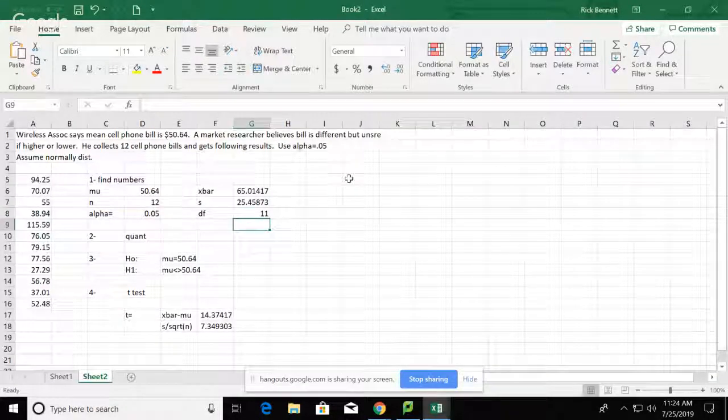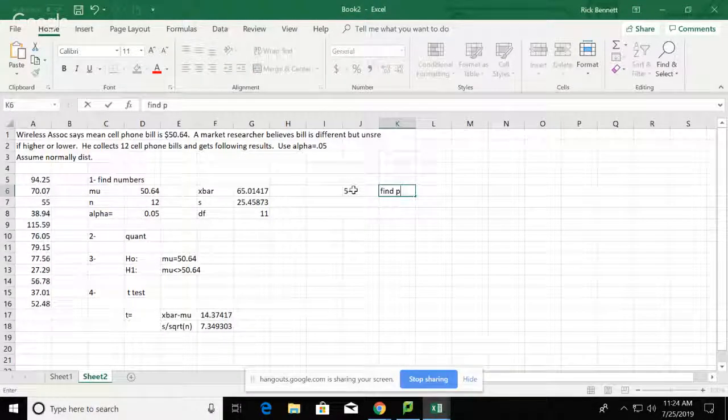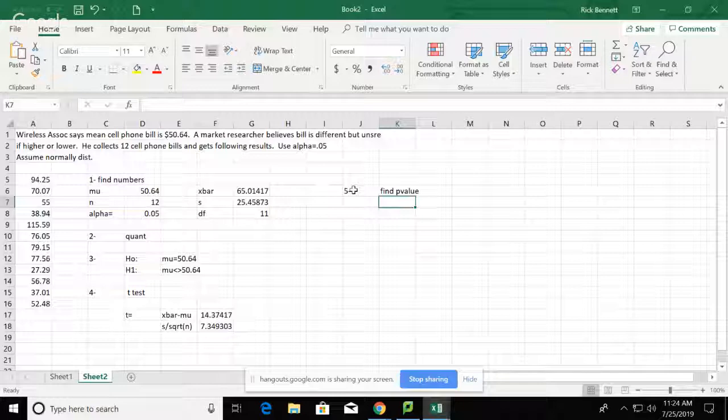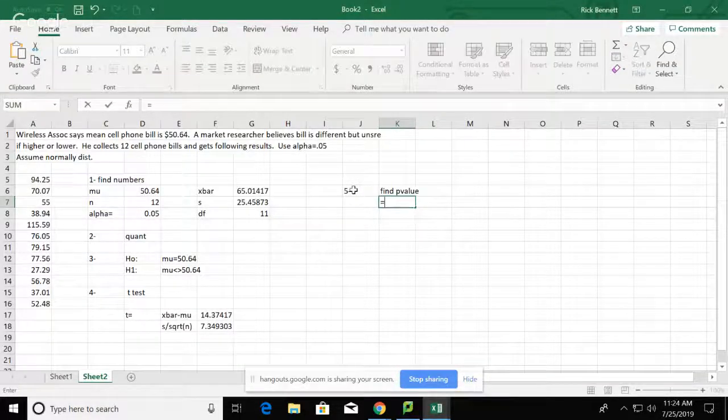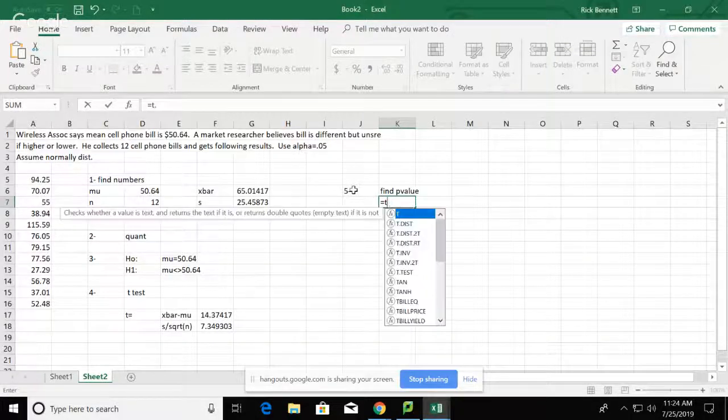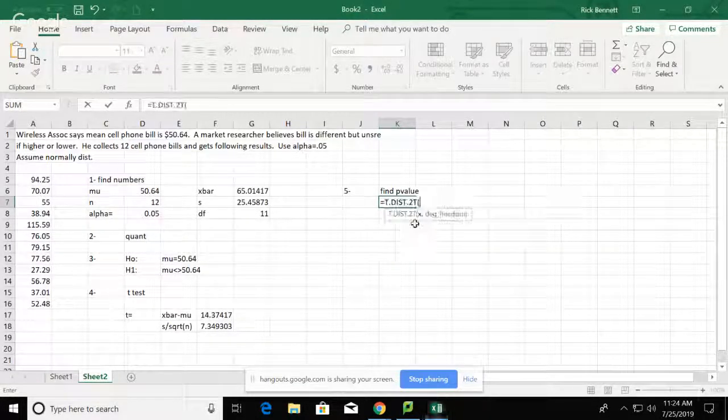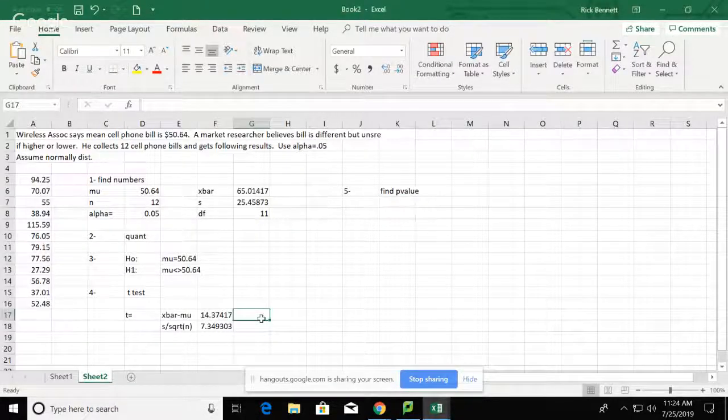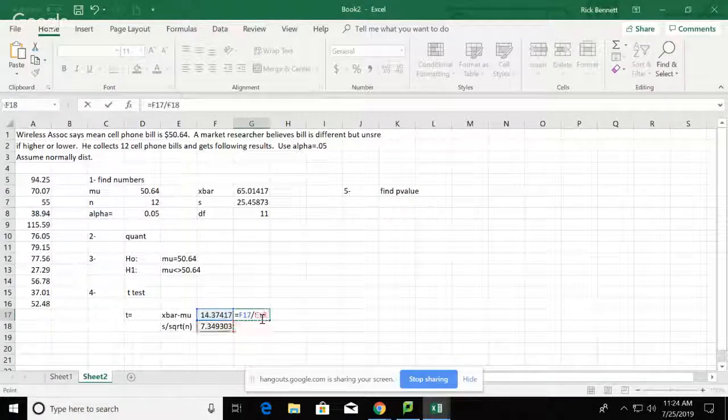Okay. Step number 5. Find p-value. This is a one or a two-tailed test. T.DIST, two-tailed. Luckily, oh, I forgot to. Sorry, I got to find my t-score. I was getting so excited, I forgot to finish it.